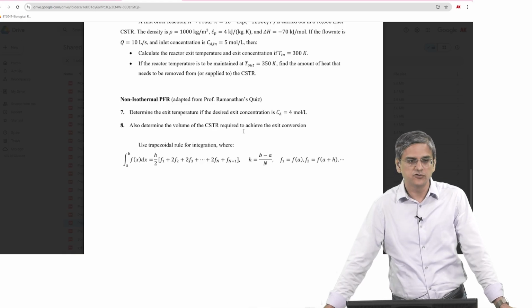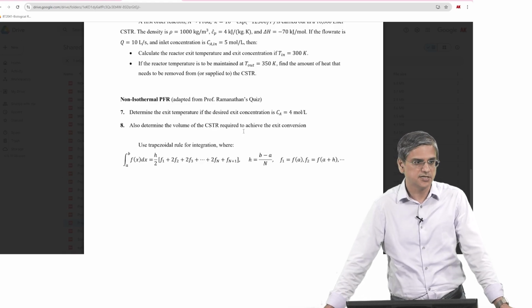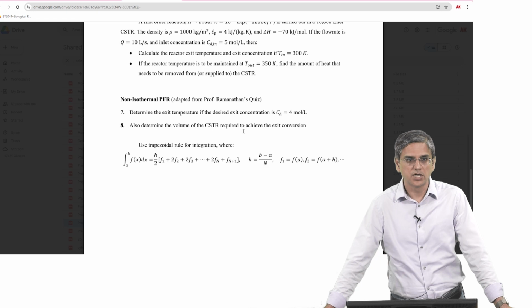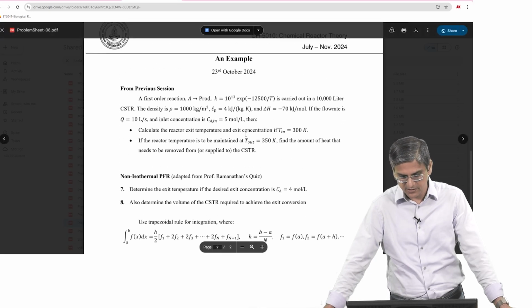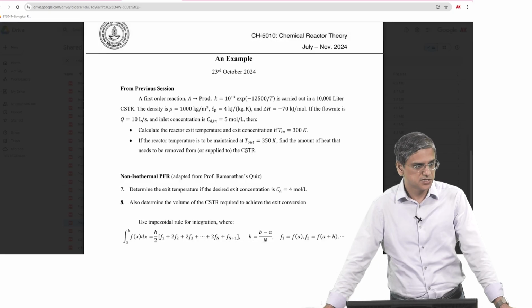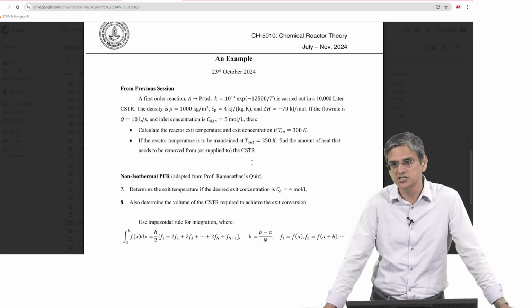If you are still confused, if you still need help, reach out to TAs. They can schedule an additional help session for you. Essentially whatever you need in order to solve this particular problem, you already have. And as I had said in the previous class, your assignment problem is no different from this, other than the fact that parameters are different.